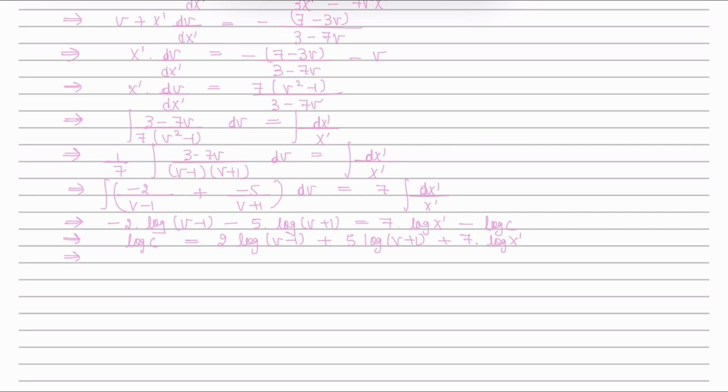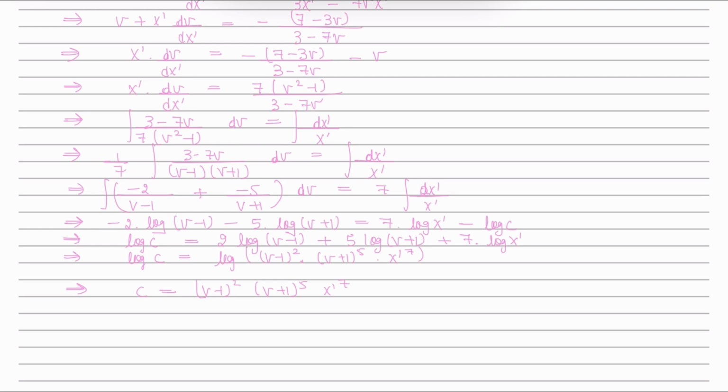That is also log c equals log of (v minus 1) whole square into (v plus 1) to the power 5 into x' to the power 7. That is, c equals (v minus 1) square (v plus 1) to the power 5 x' to the power 7.